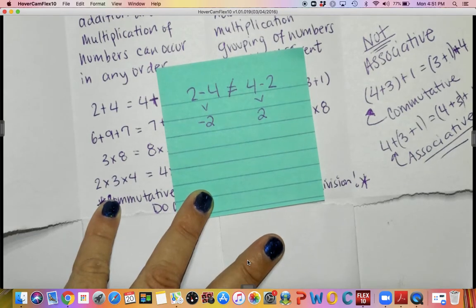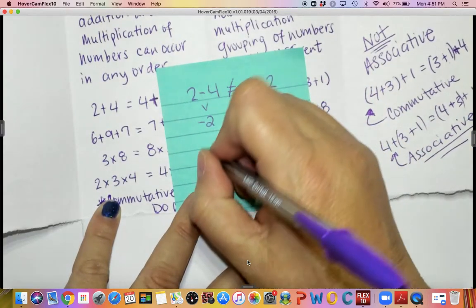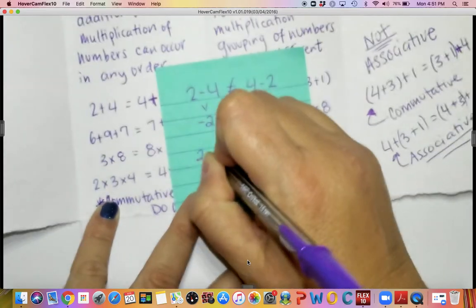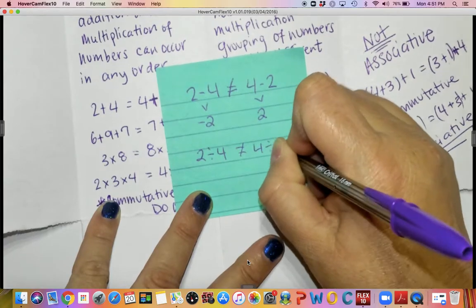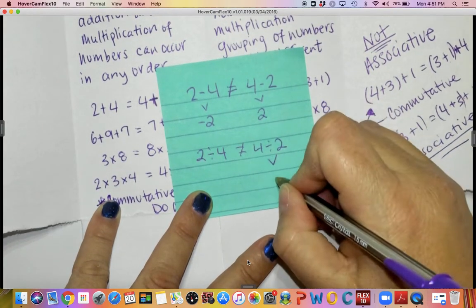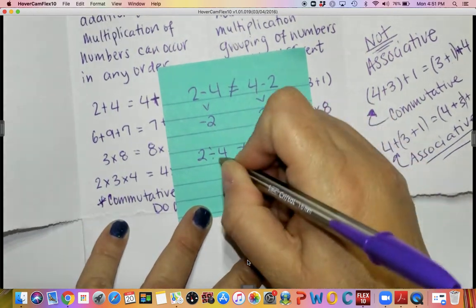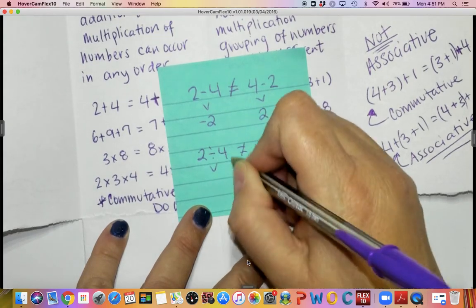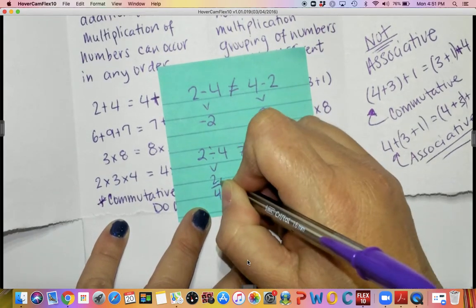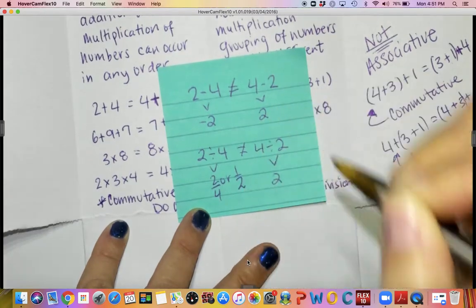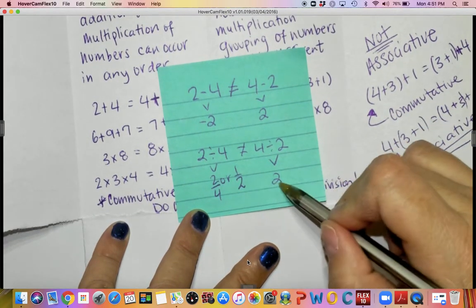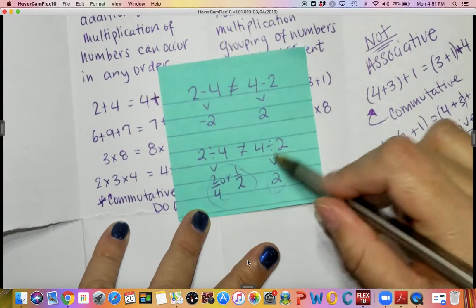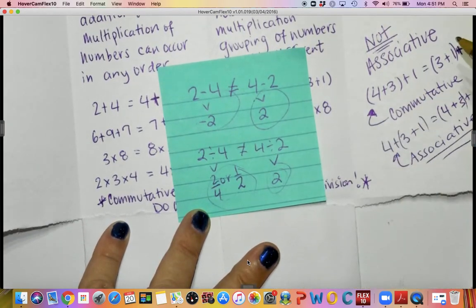Same thing if I did 2 divided by 4, it is not the same as 4 divided by 2. 4 divided by 2 is 2. 2 divided by 4 is 2 over 4, or half. These are not the same answers, so it does not work.